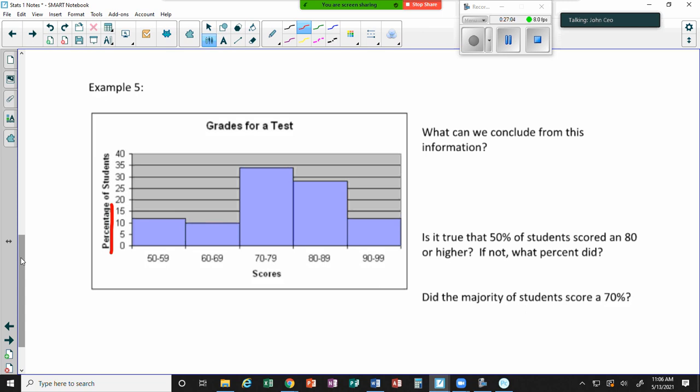So the smallest number of students scored 60 to 69, right? Okay, good. All things you can conclude from this, right?